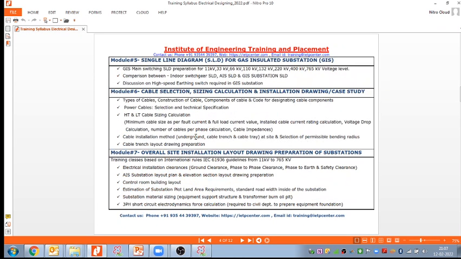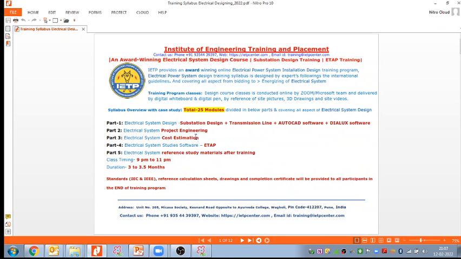Before coming to this syllabus, let us have an introduction session. Today we have the introduction session, and before going to the introduction of the syllabus, the participants and the company, let's have an introduction about the electrical power system, and thereafter we'll go to the syllabus and other introductions.